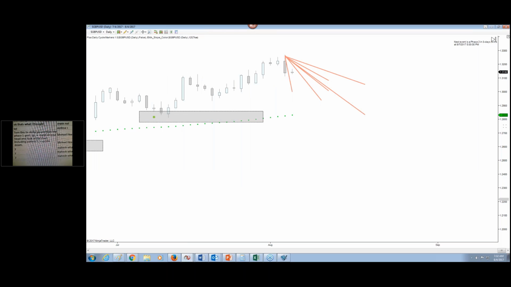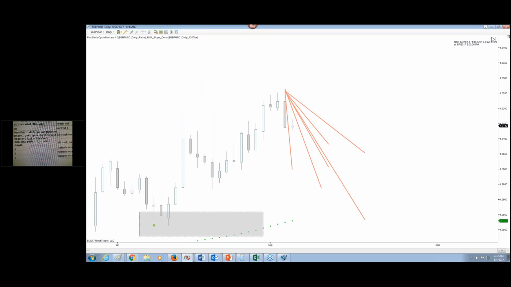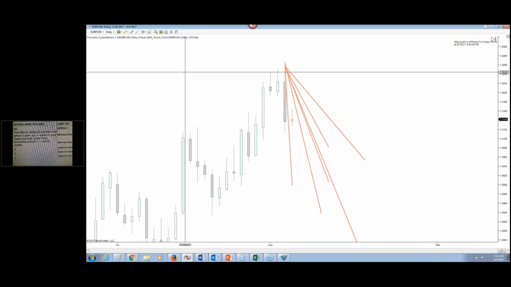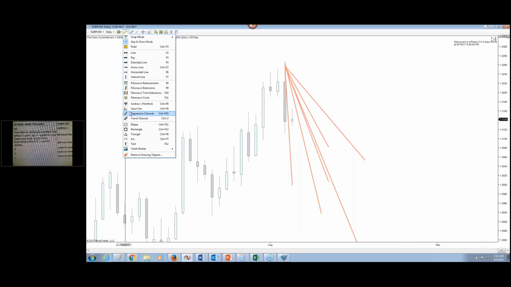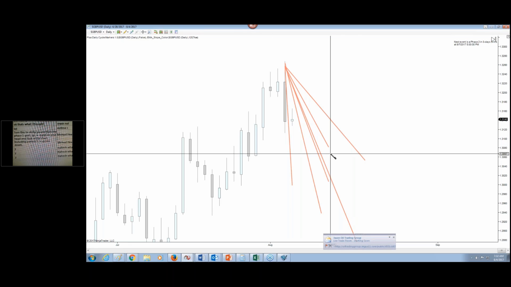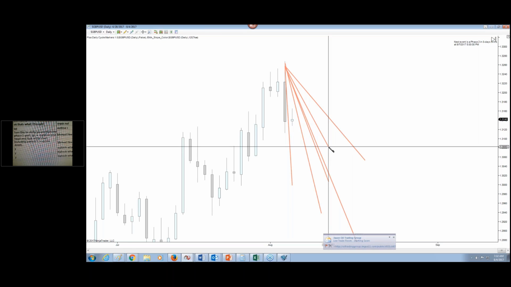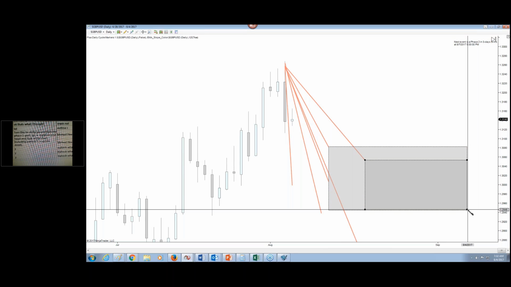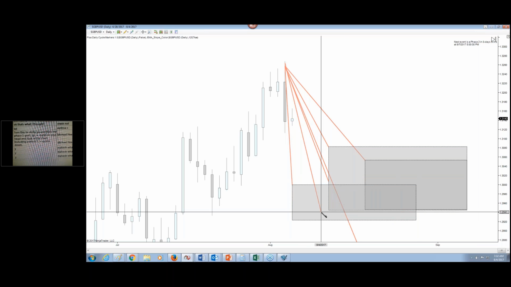On the pound dollar, you'll notice there's a display or a splaying of these lines. And so each one of these lines has a top to it, right?